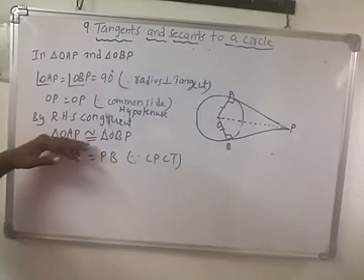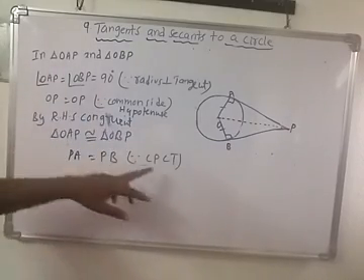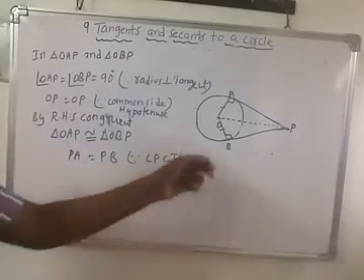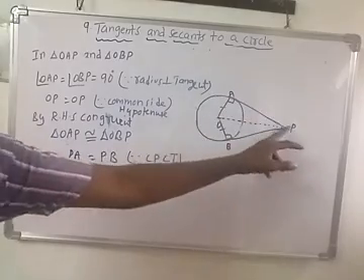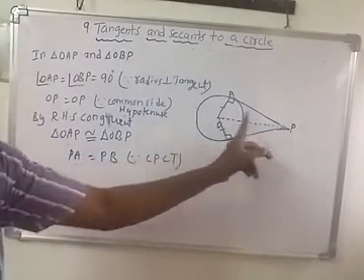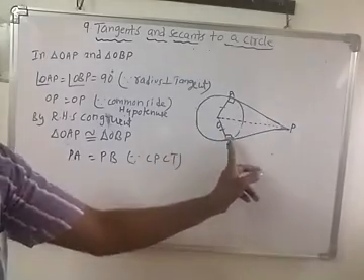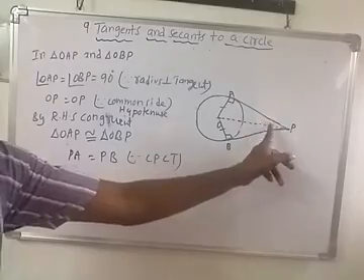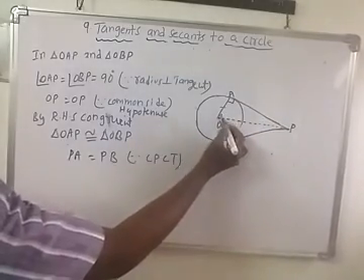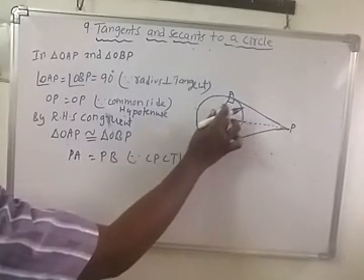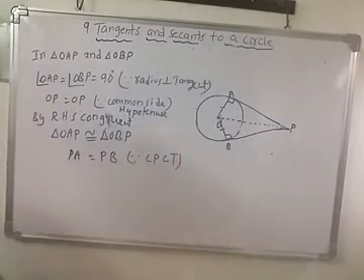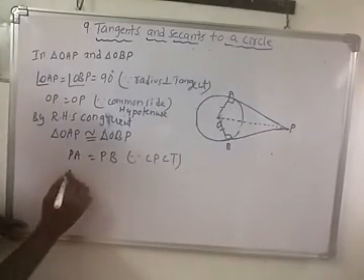So here two triangles are congruent, then their corresponding parts are equal. That is AP is equal to PB, and also angle APO is equal to angle BPO. These angles are also equal, because of CPCT. Therefore PA is equal to PB because of CPCT, hence proved.